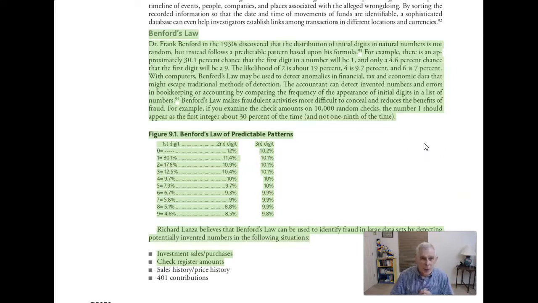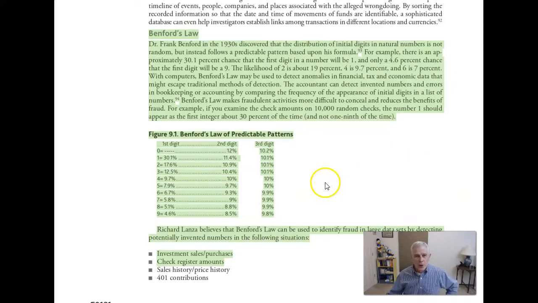But a person named Frank Benford, back in the 1930s, discovered that on numerous forms of data, not just accounting documents, any kind of data, there's usually a certain pattern on when that first digit in that number is a 1 or a 2 or 3 or whatever.